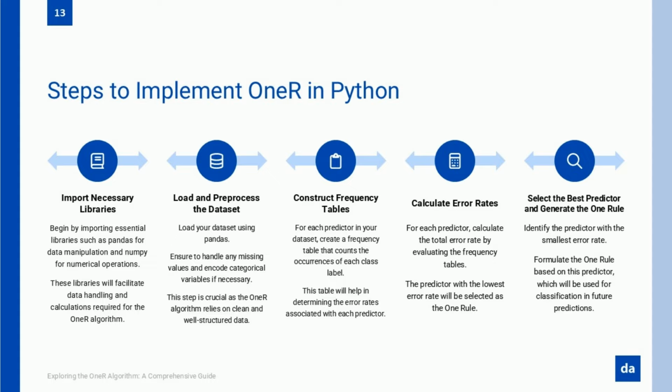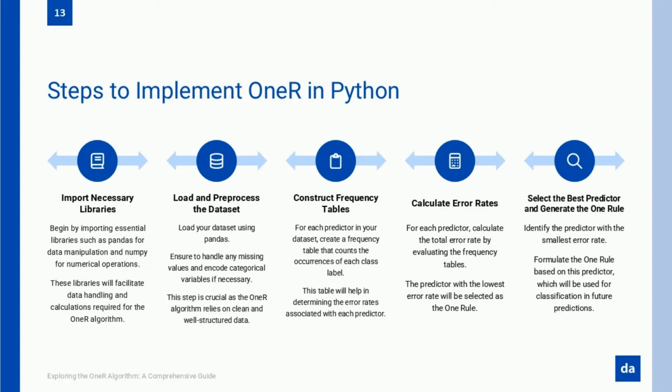To evaluate performance, the OneR model is tested against unseen data. Accuracy and error rates are calculated to measure how well the rule generalizes beyond the training dataset. If necessary, adjustments can be made by refining the frequency tables or reconsidering predictor selection. The beauty of implementing OneR in Python is that it can be done quickly and with minimal computational resources.